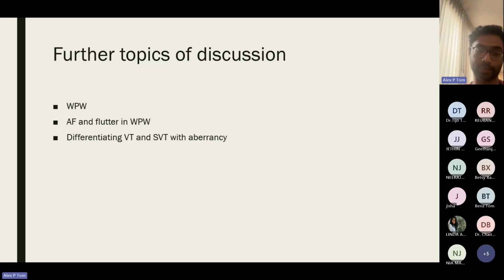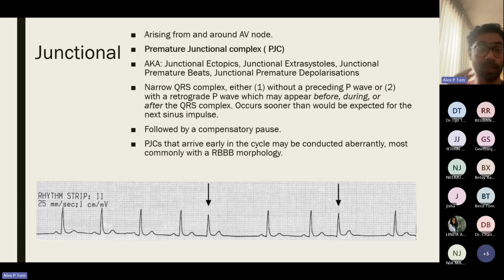So next is junctional rhythm. This is an example of a junctional ectopic. There's no P wave that you can see here. It's a normal beat followed immediately by another one.